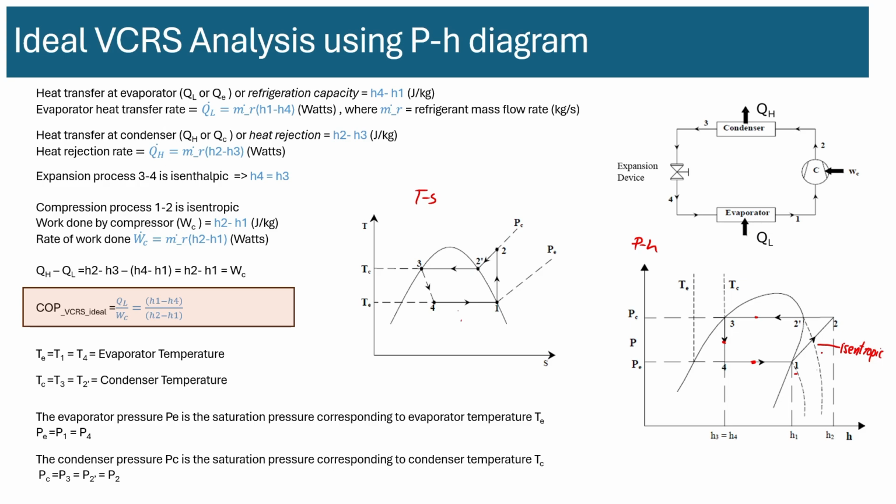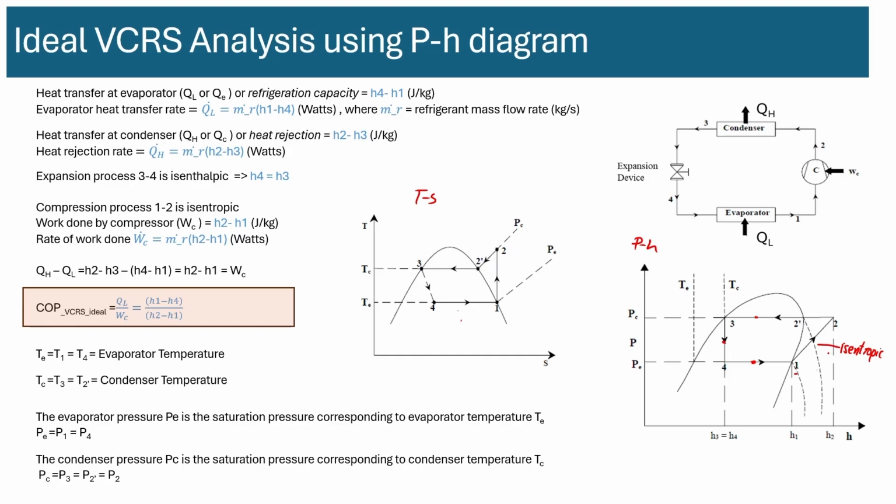And the work is done in a really slow manner such that there are no non-equilibriums inside the fluid. In other words, the pressure is constant everywhere. If you think about inside the cylinder where the compression is happening, the pressure and temperature inside that cylinder is constant everywhere. It's uniform. So that will only happen if the compression is happening really slow.